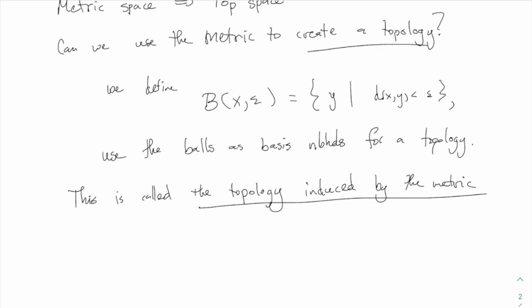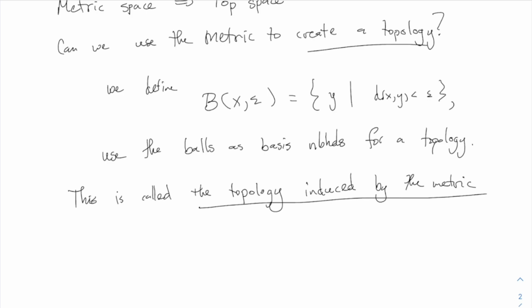If you use the balls as basis neighborhoods, then that's called the topology induced by the metric. So we have several different metrics, like we talked about before, several different metrics for R2. There was the standard metric, there's also the taxicab metric and the maximum metric. You can get the topology induced by the standard metric. You can also get the topology induced by the taxicab metric, and so on. All right, any different metric will give you its own topology by using those balls.